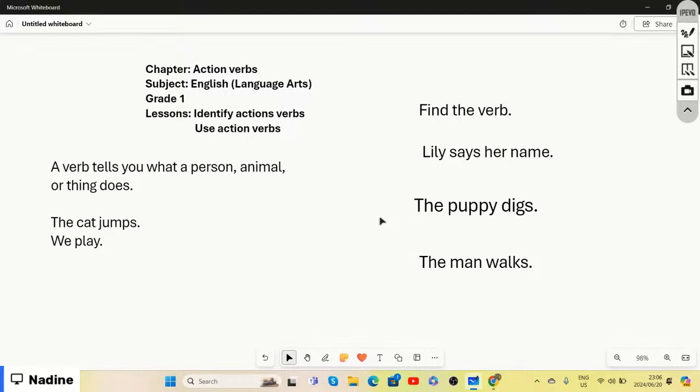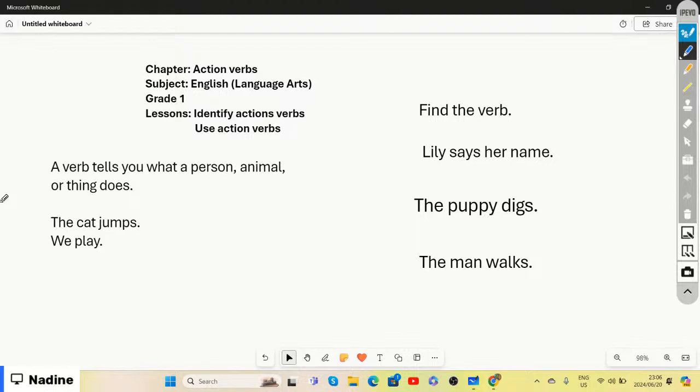All right. So a verb, right? A verb tells us what a person, animal, or thing does. We can also say that a verb is a doing word. Or we can say that it shows action that takes place.